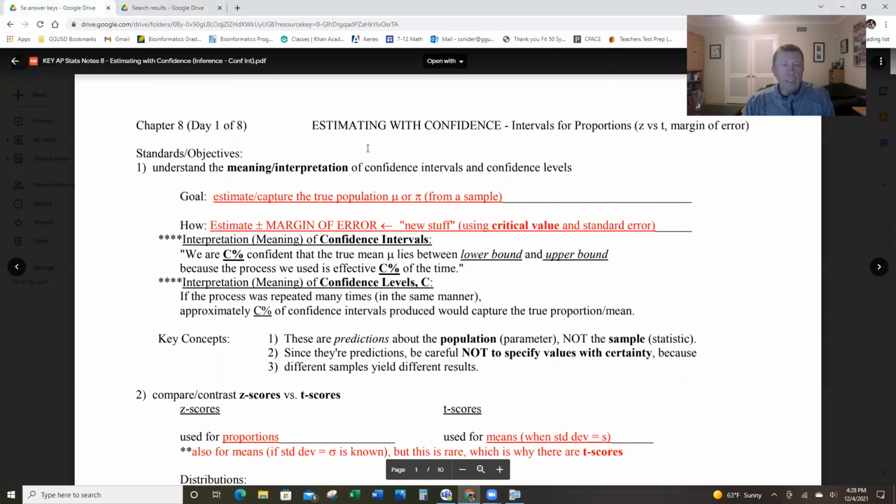And let's go to this here. I got a couple sentence frames for you right off. First thing is to understand the meaning and interpretation of confidence intervals and confidence levels. Now, we're only doing confidence intervals in this chapter for two things, for means and proportions. Means is a whole number, like the average points scored by Kobe Bryant in 10 games was 22.